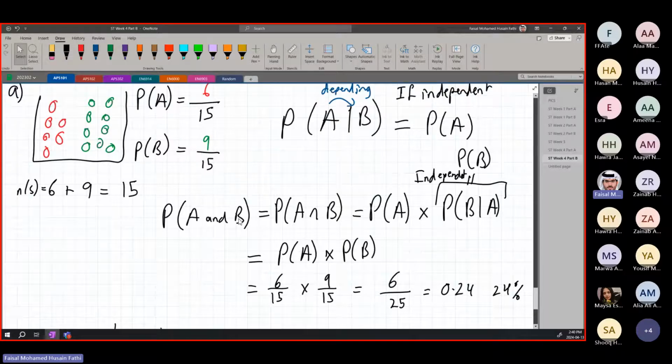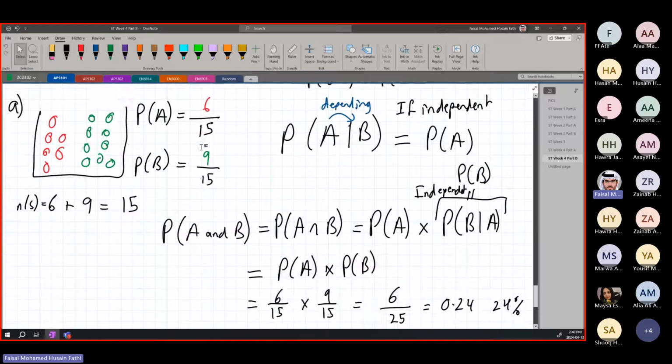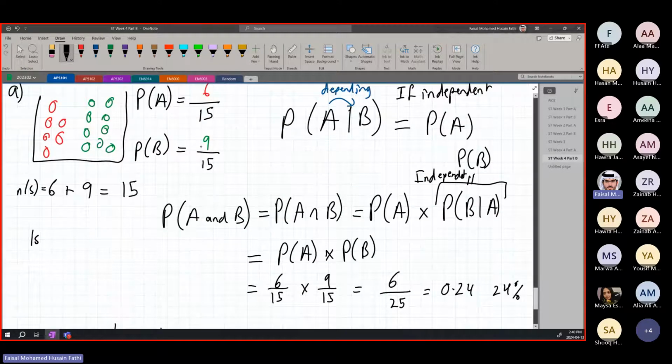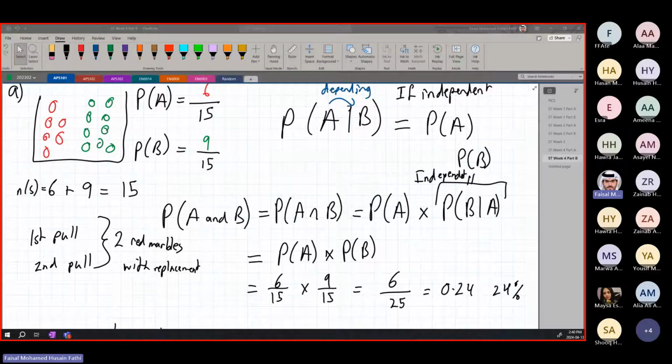The total probability basically. Because remember we have a first pull and then a second pull. So this is the probability of drawing 2 red marbles. Okay? With replacement. This is what this is called. So it's 2 red marbles with replacement. Okay?